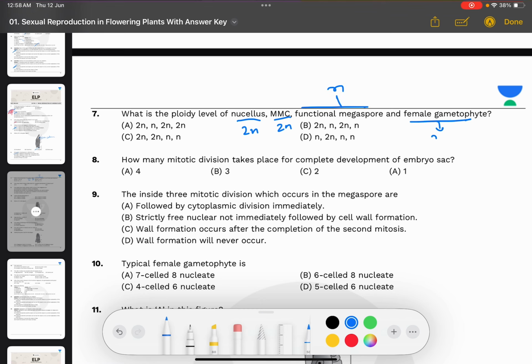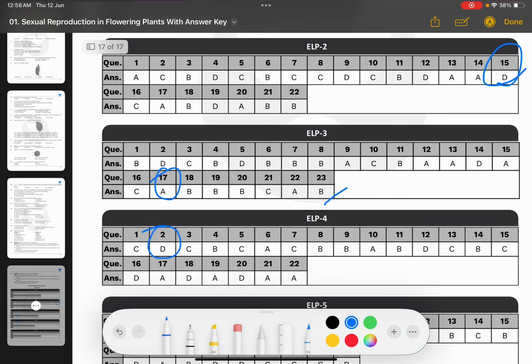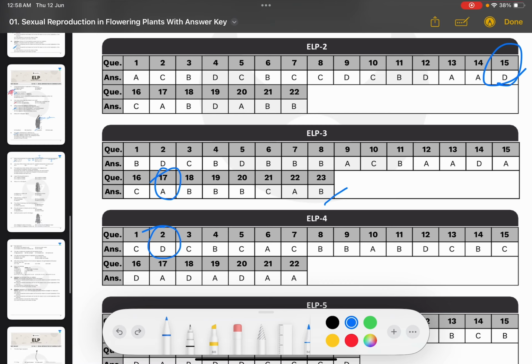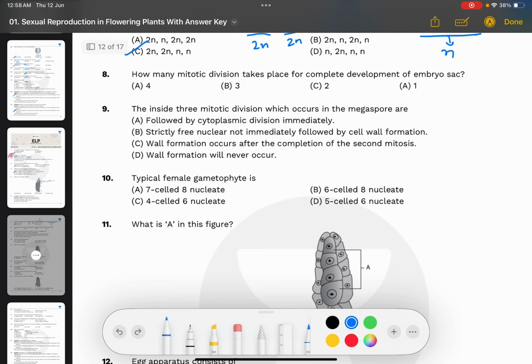Female gametophyte n. 2n and 7 का C. It should be 7 का C. Yes, it is. How many meiotic divisions take place for the formation of the sac? One only. Three. It would be D.